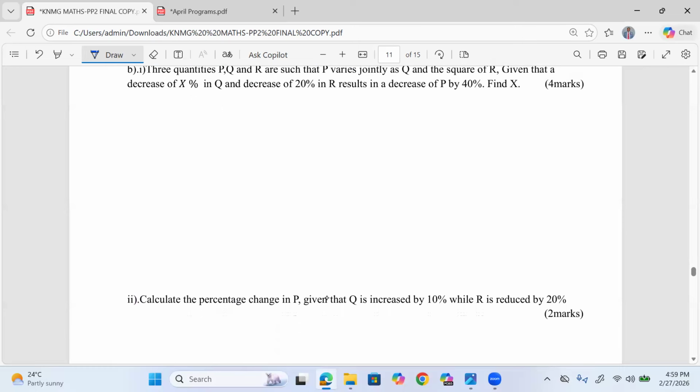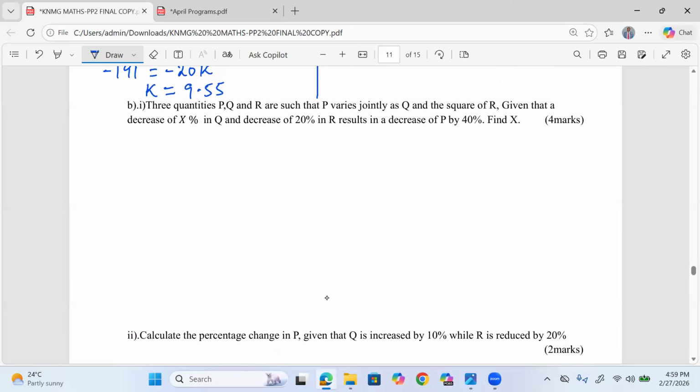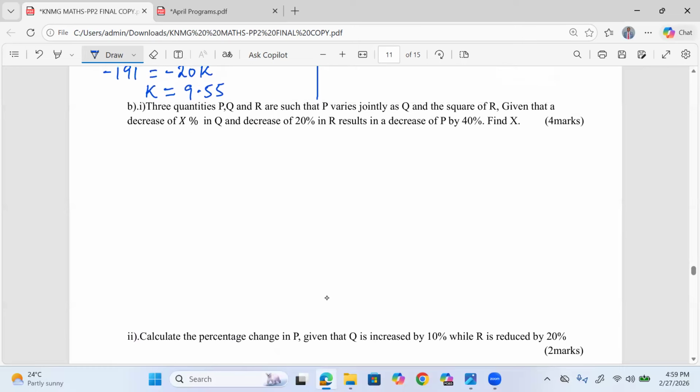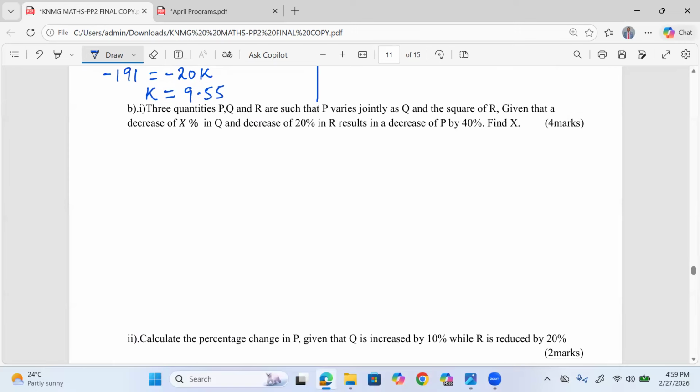To find percentage change of the quantity which is not the formula. This is what we are saying, for instance. P varies jointly as Q and also as the square of R that way.